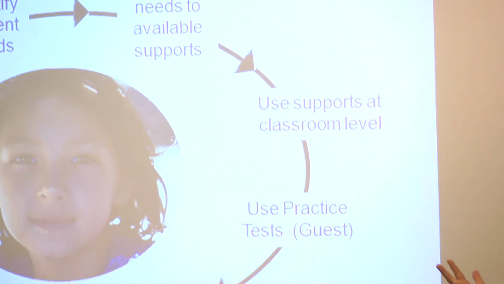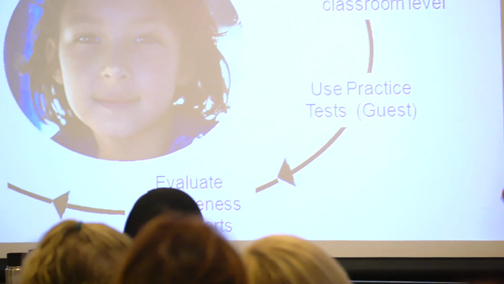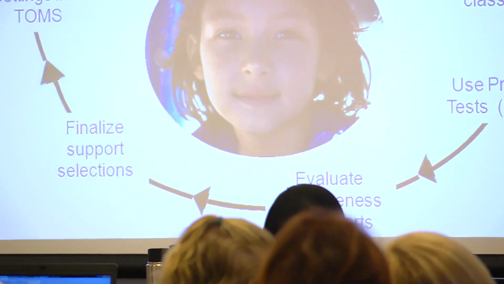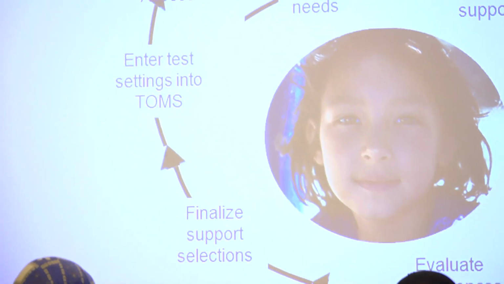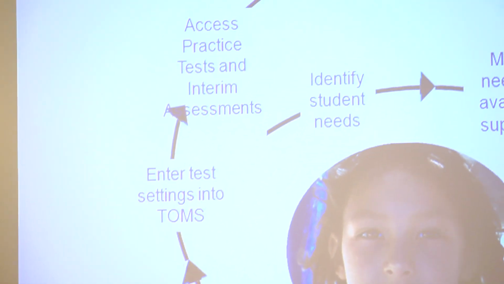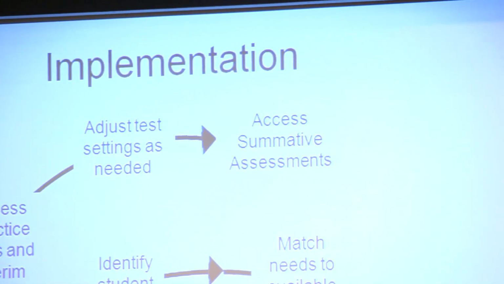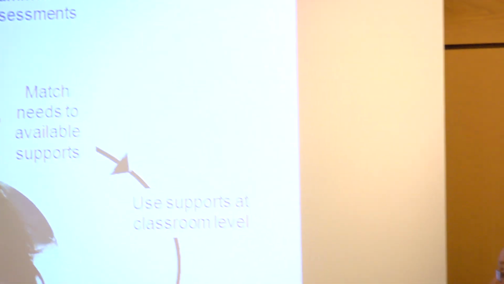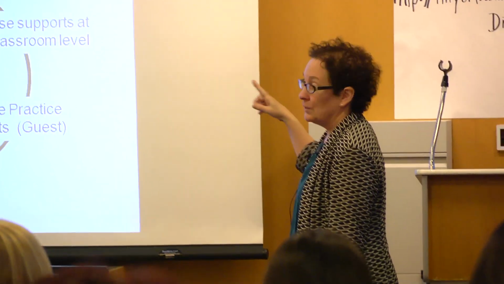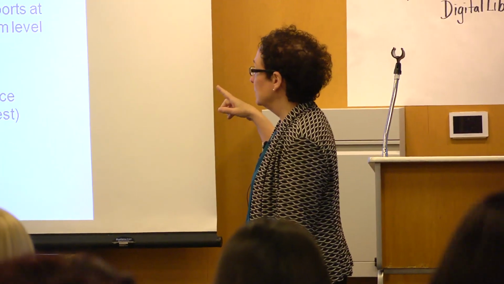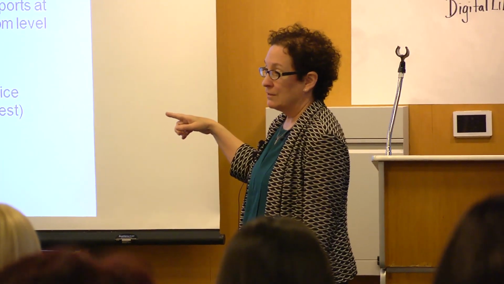I'm talking about designated supports in particular now, where they have to be identified by an educator, recommended by an educator, and then matching the needs to available supports. That's teachers knowing enough about the supports to be able to match what's in the computer to what the kid needs, using those supports, so that would be using the practice test, then evaluating how effective those supports are.